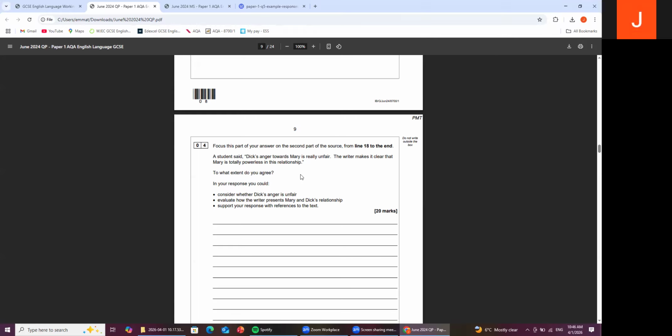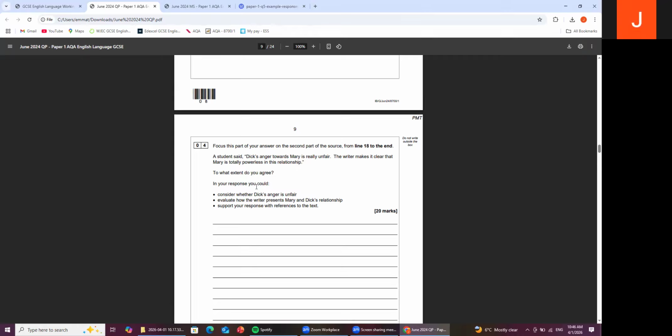Or do we completely disagree and dismiss what the student has said and prove them otherwise? So the focus is Dick's anger towards Mary is really unfair. We need to find evidence for that. The writer makes it clear that Mary is totally powerless in this relationship. Interesting. We need to find evidence again. How is this so?